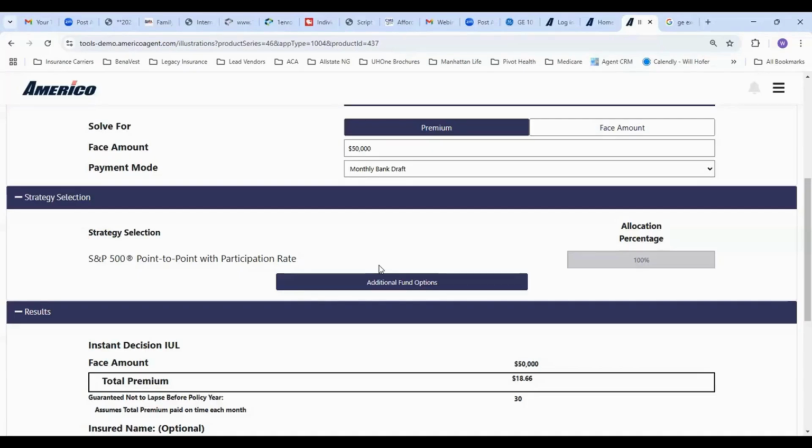Basically, final expense is just a marketing term. It means whole life, but it's dedicated to the senior market, because usually most seniors do have some sort of health conditions or some sort of pre-existing condition. So their underwriting is a little bit relaxed and they only require limited information to make a decision.